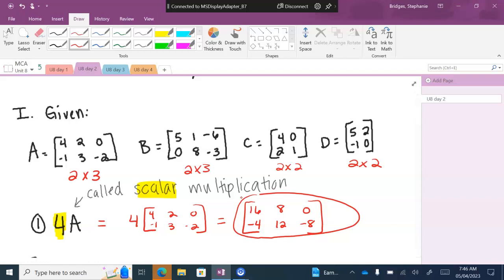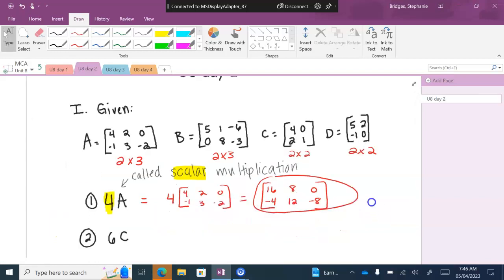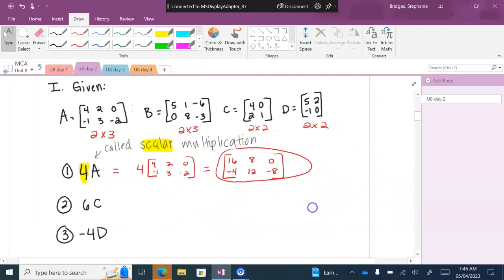Does that make a little bit of sense? Okay. Using those same 4 matrices, I want you to do 2 and 3. Multiply C by 6 and multiply D by -4.